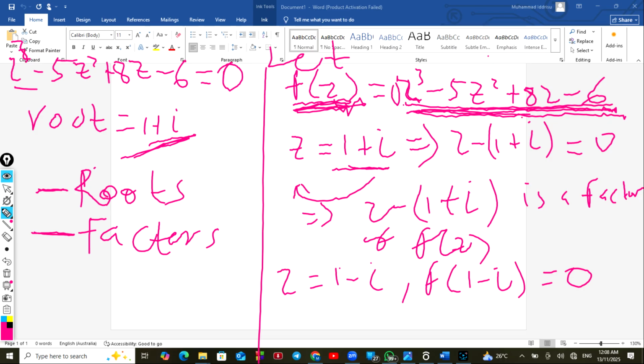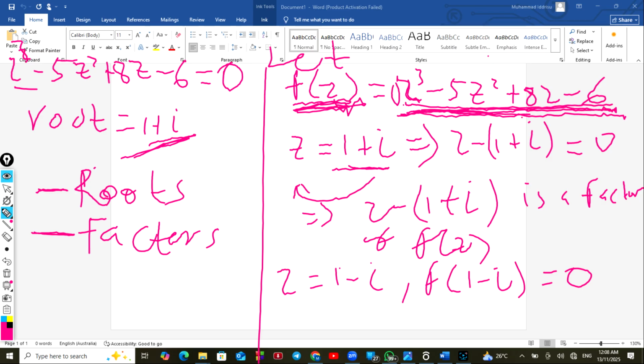Real coefficients. Since the coefficients are real, both the root and its conjugate are roots. If we have a root of this complex number, its conjugate is also a root.